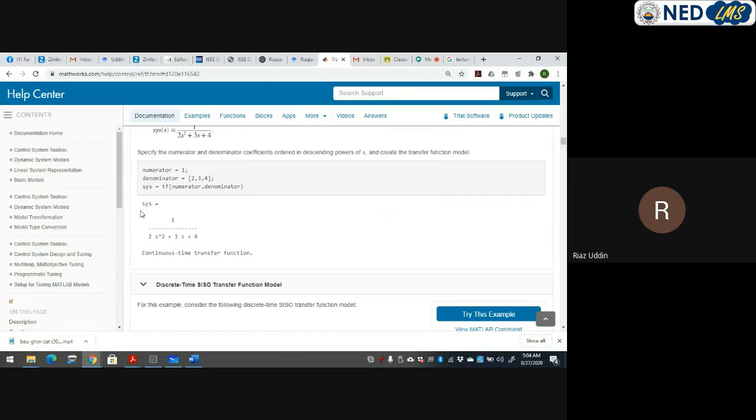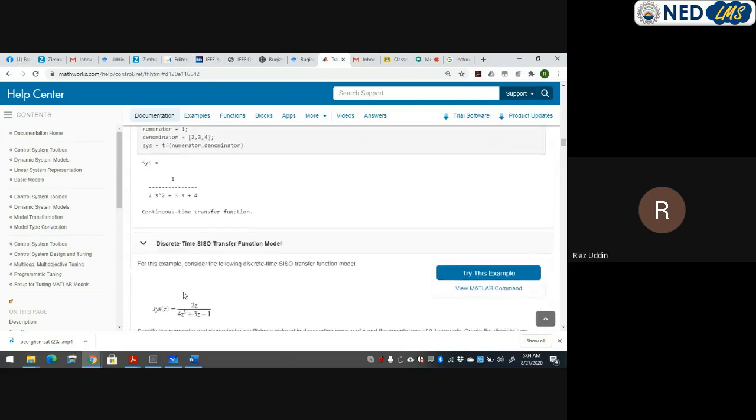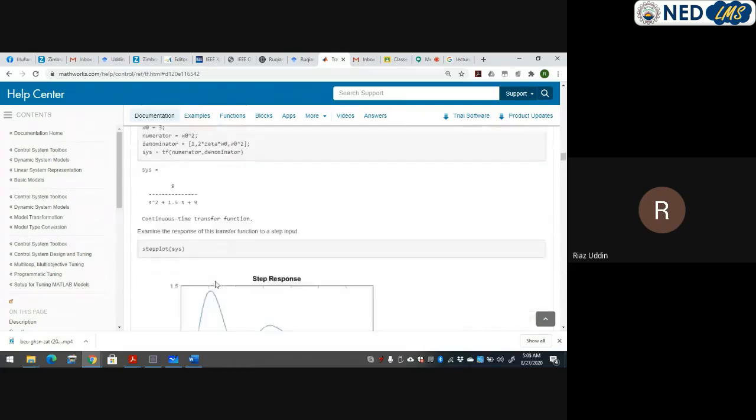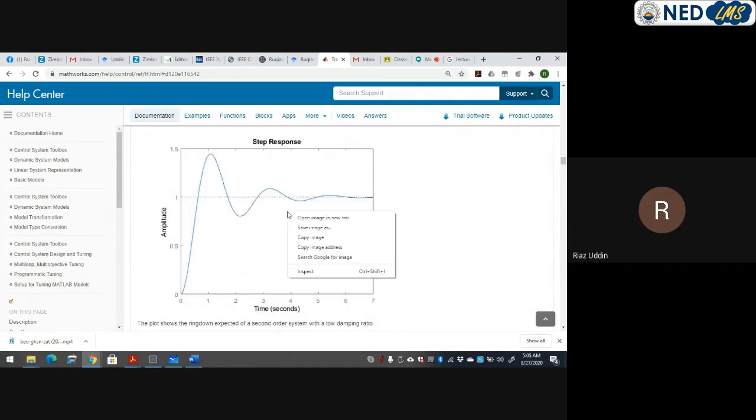Step sys will give you the system response, and once you get the step response, you will get this kind of response. After clicking right, you can directly calculate the rise time, settling time, peak time and overshoot.